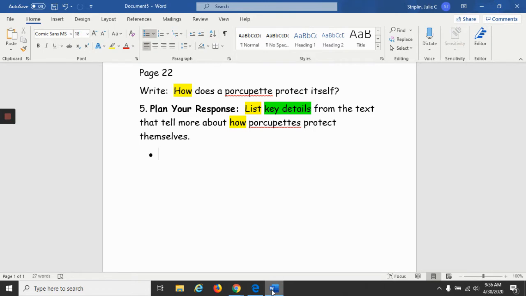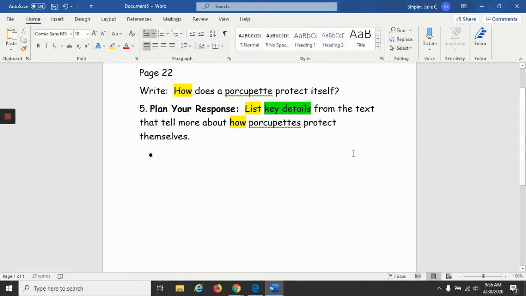Well, we know that our standard for the week has been to use an informational text. Informational means the text gives true information, and we're looking for key details from the story. So if you will look at the green that I have highlighted here, I have highlighted the words key details.